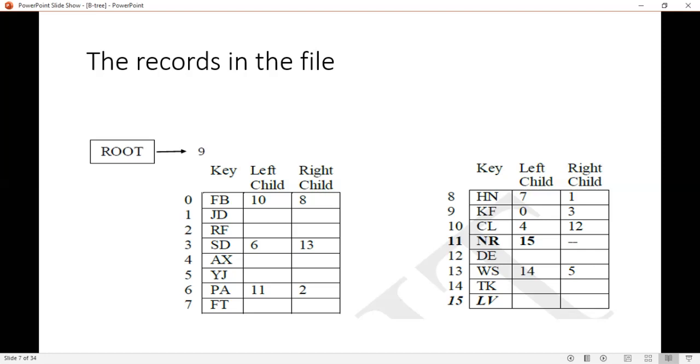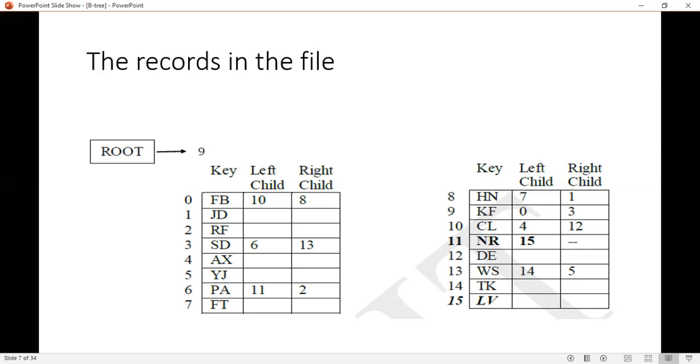Now go to that row with RRN 9, where the left child entry is 0 and the right child entry is 3. That means the left child is at RRN 0 and the right child is at RRN 3.